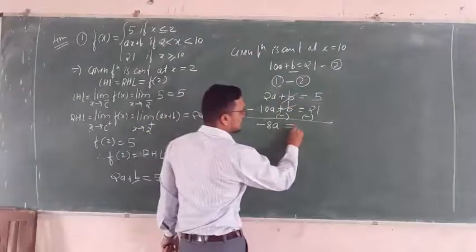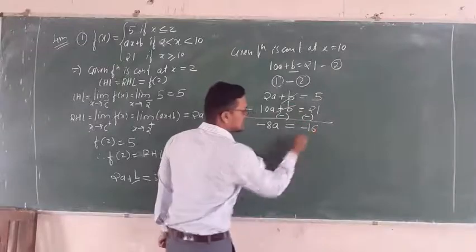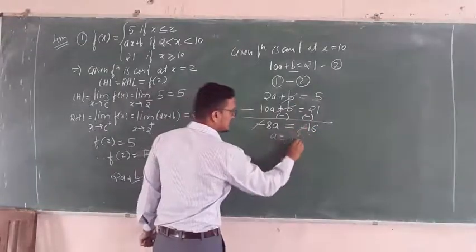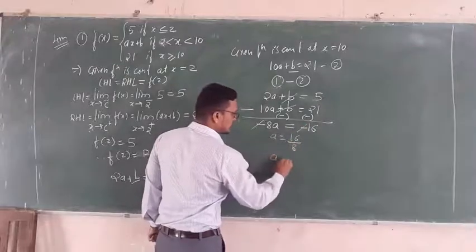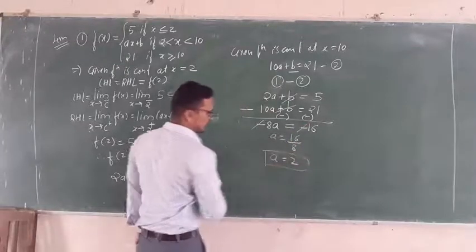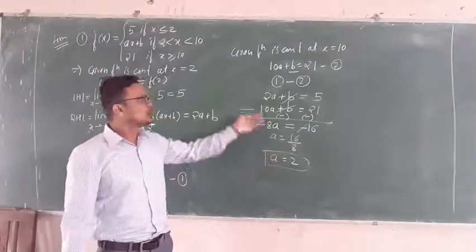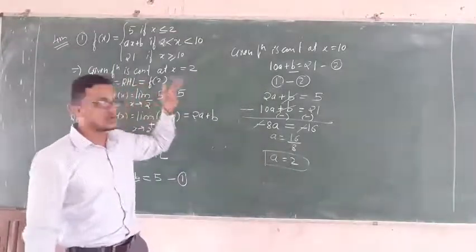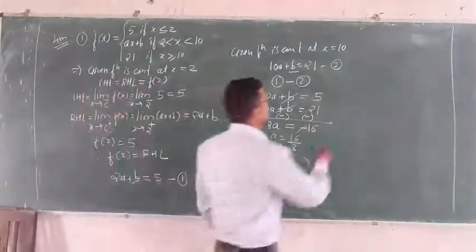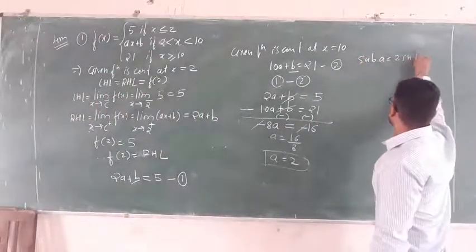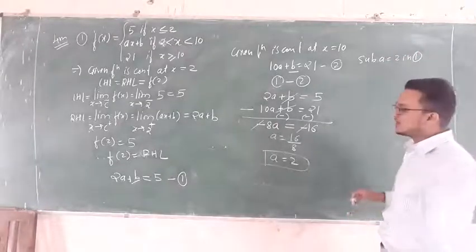5 minus 21 is minus 16. So minus minus gets cancelled. a equals 16 upon 8, so a equals 2. Now this a value you can put in either equation 1 or 2 to get the value of b. Substitute a equals 2 in equation 1.